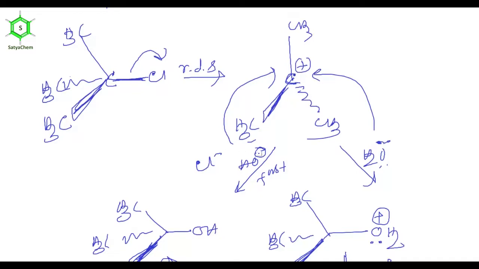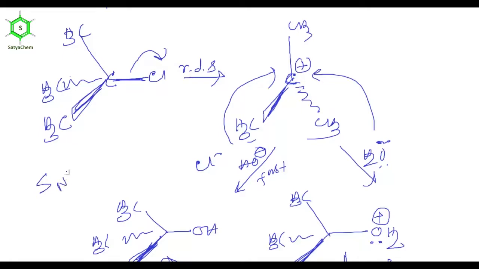So HO minus and H2O behave as a nucleophile, which means it is attracted towards positively charged species. Nucleophile means nucleo means positive and phile means love or attraction. So oxygen or HO minus and H2O behave as a nucleophile, and this carbon behaves as an electrophilic center. So that is why this reaction is called an SN1 reaction.